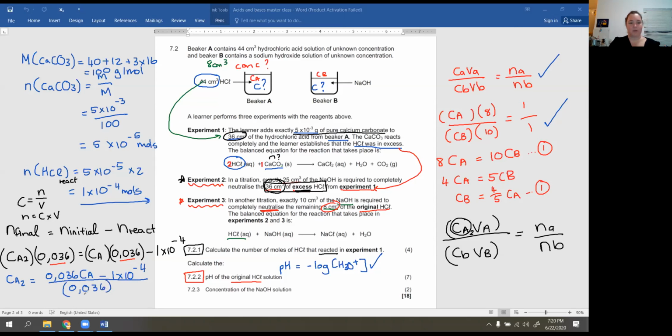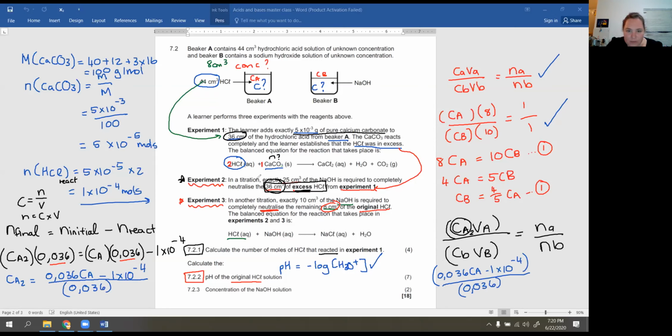This is where it gets super nasty. All right, so that over there is what I can plug in for my Ca2: 0,036 Ca minus 1 times 10 to the negative 4 over 0,036. Okay, that is all for Ca.